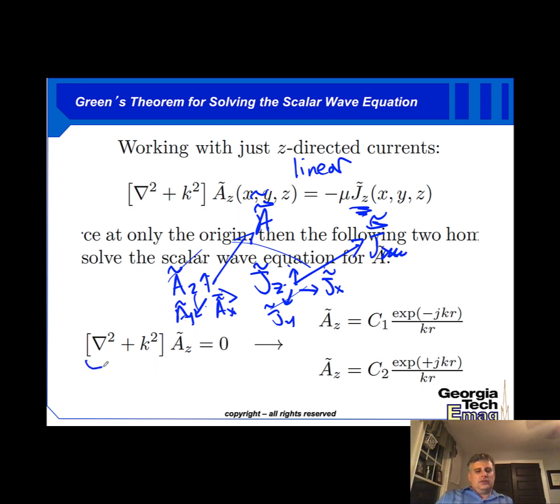So, this is just operating on the z component of A without loss of generality. And I'm going to exclude the current source everywhere except for the origin.